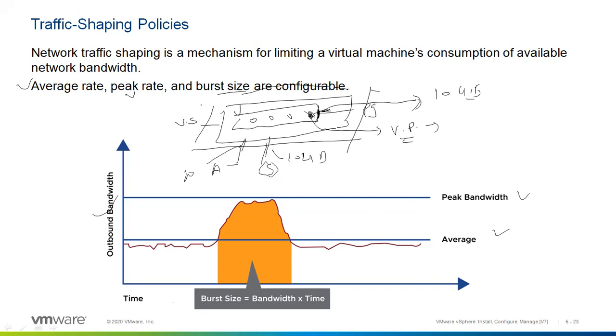When we say burst size, it is the bandwidth being used at that particular point of time. For an example, a virtual port is using 5 GB of bandwidth for 5 seconds. Then total consumption will be 25 GB.